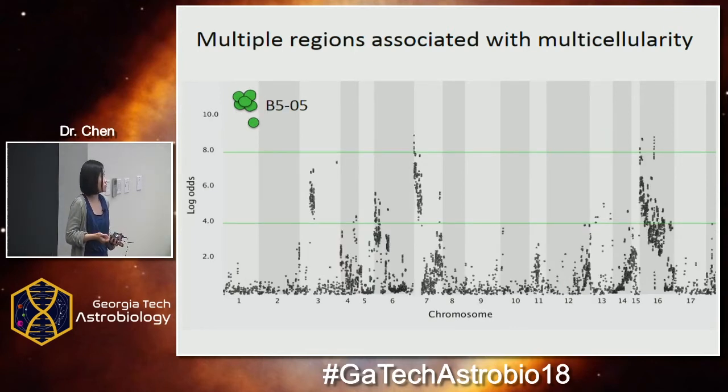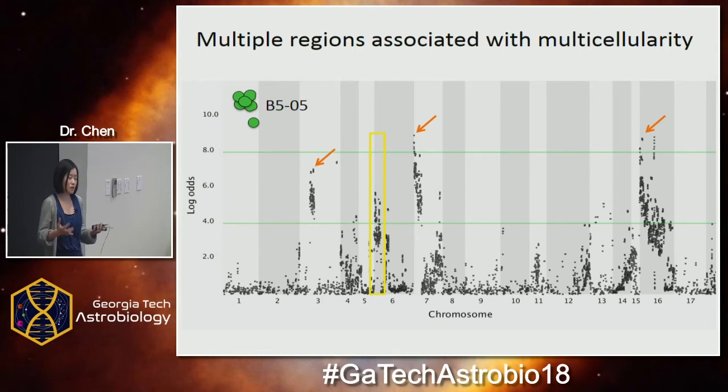Here are the results from the B5 isolates, the other population that evolved multicellularity. And we also see a similar trend: one of the peaks matches one of the mutations we identified, while there are several other peaks suggesting it's the ancestral genetic background plus the mutations responsible for those phenotypes.